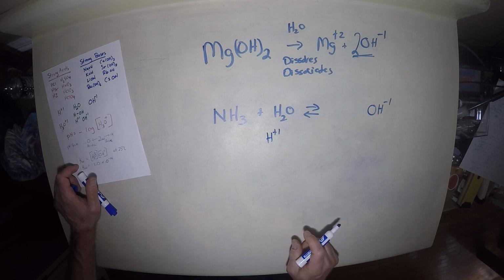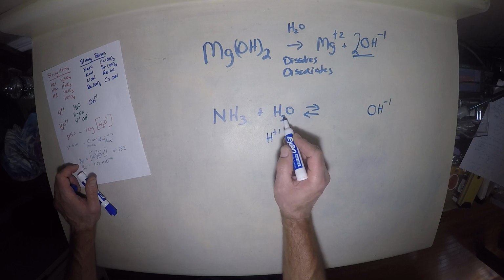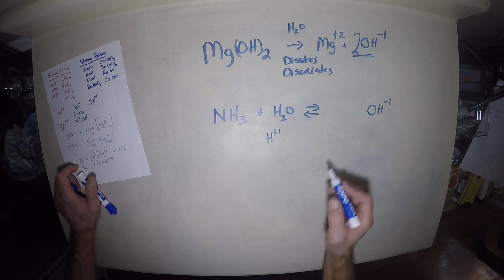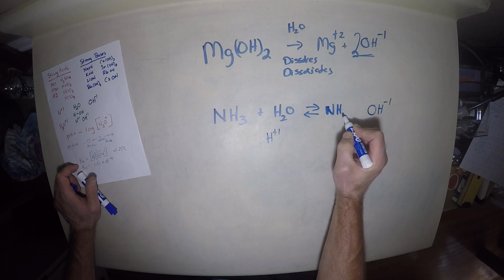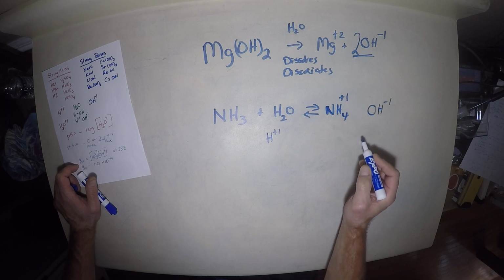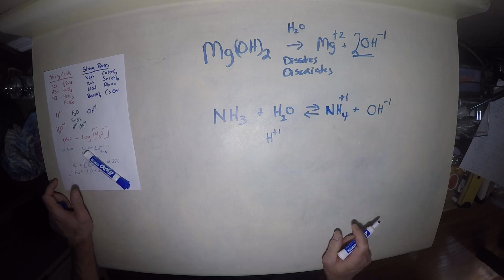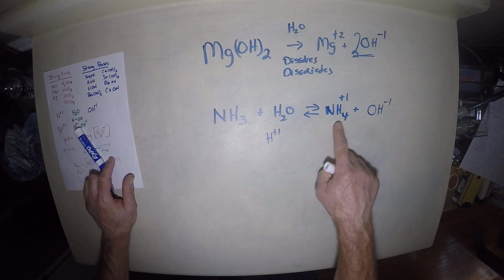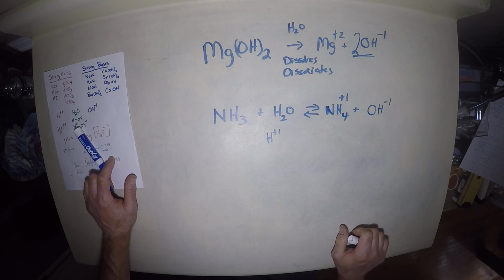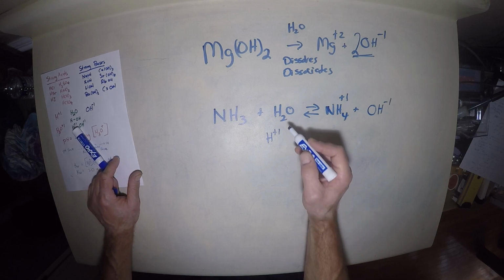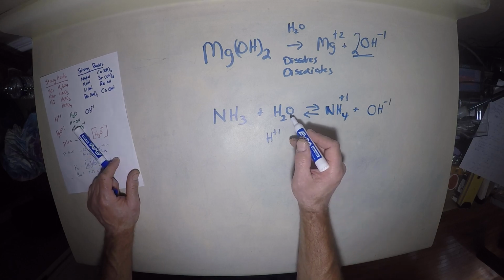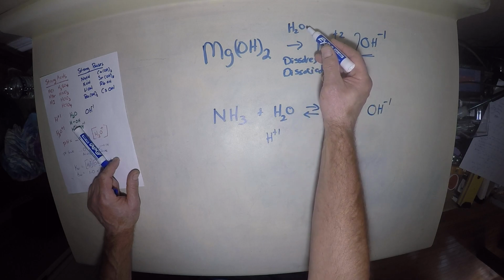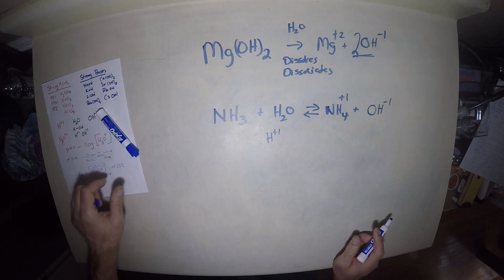So then logistically we can say the proton went from water over to the ammonia, so the ammonia must have become ammonium. So that's how ammonia and water react to make ammonium and hydroxide. And again, notice water here is taking part in the reaction. Water here is just a solvent.